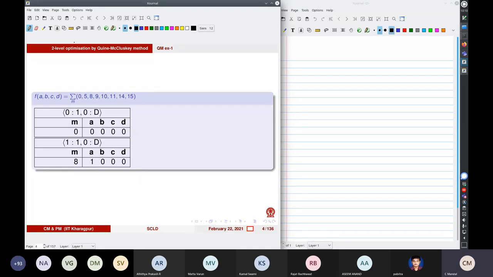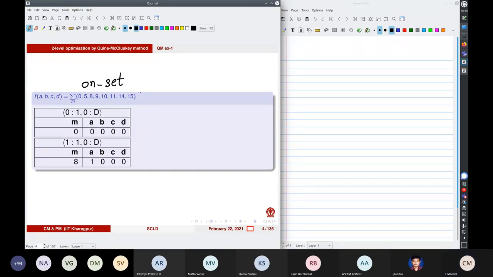This is called the onset. So these are min terms belonging to the onset. How many do you have? 4, 5, 6, 7, 8. You got 8 min terms.